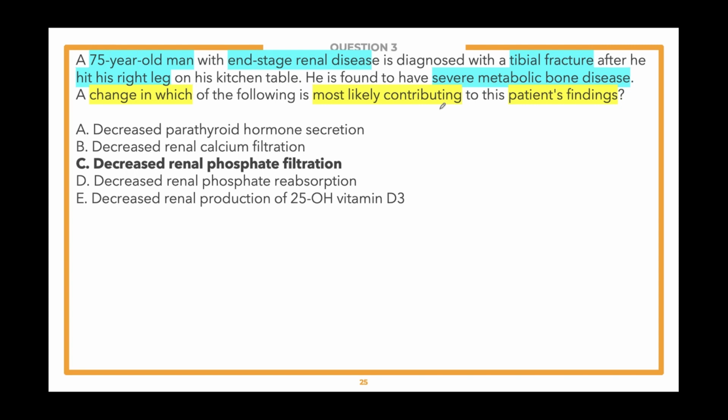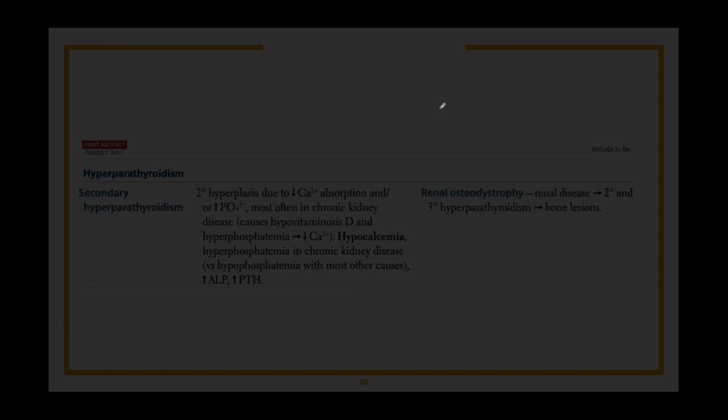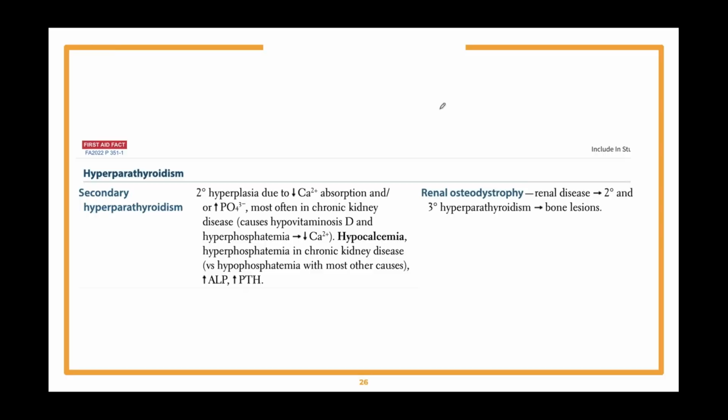What we know these patients are at risk for is, if we go to the next slide, renal osteodystrophy. This is where renal disease can lead to bone issues, or secondary and even tertiary hyperparathyroidism. What happens is, in end-stage renal disease, you have a low GFR, and that leads to reduced filtration of phosphate.